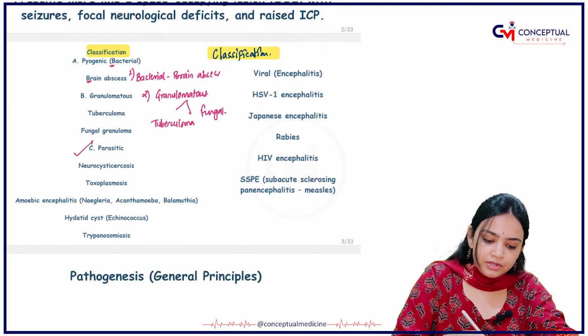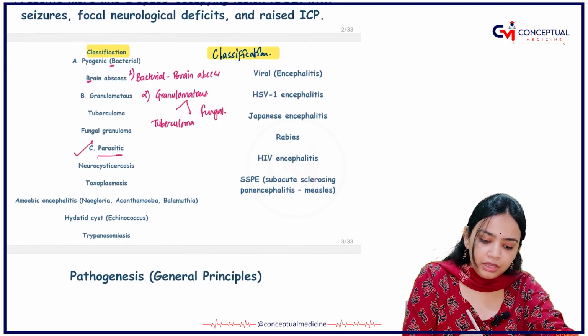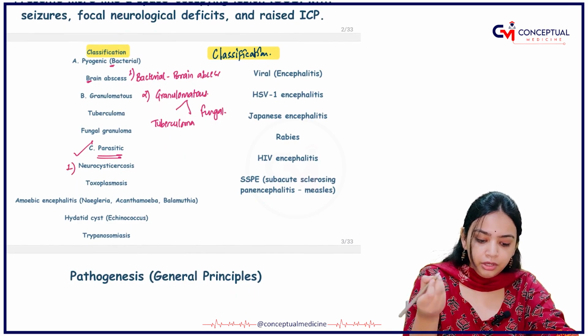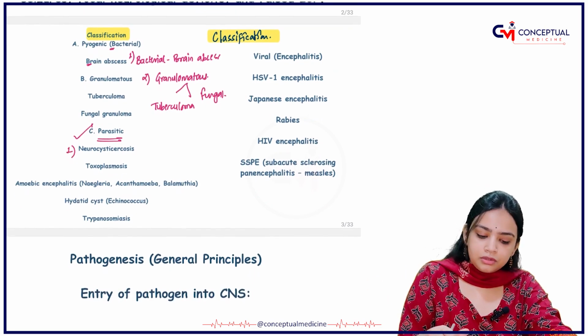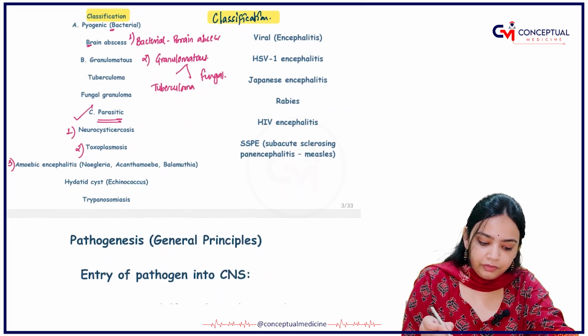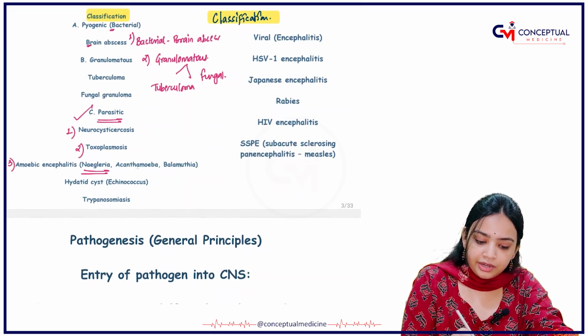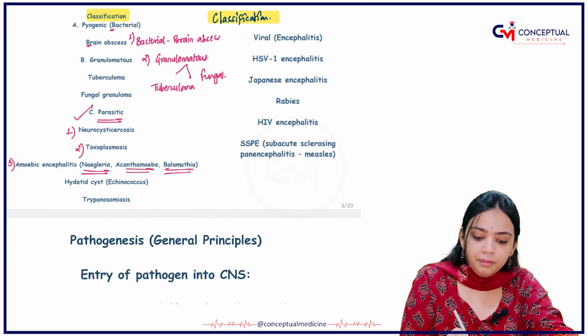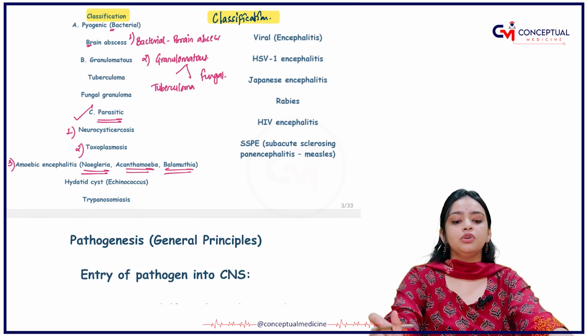Then next you have the parasitic. In the parasitic one, the first one is neurocysticercosis, second one is toxoplasmosis, then you have the amoebic encephalopathies like Naegleria, Acanthamoeba and Balamuthia.